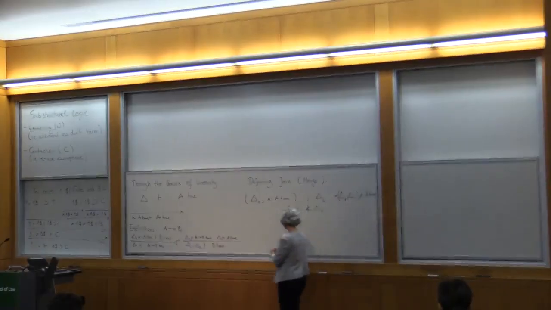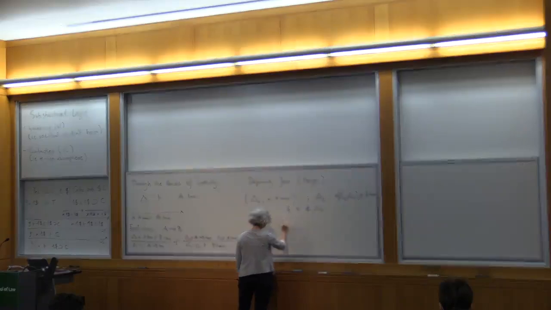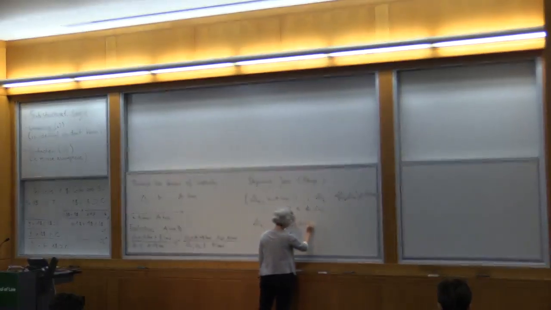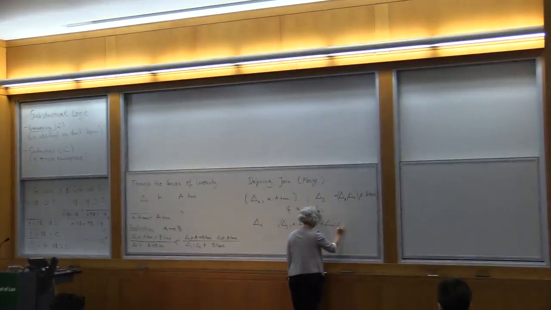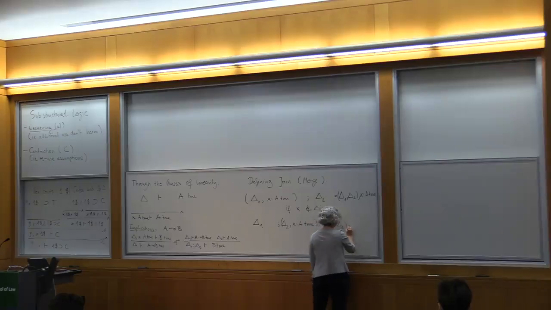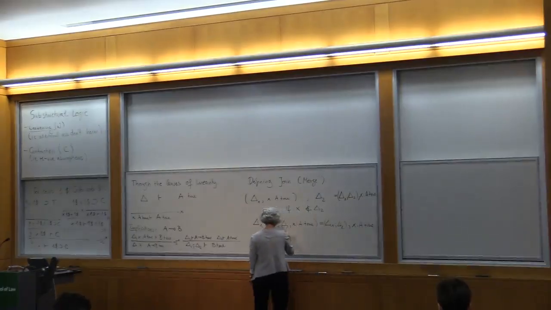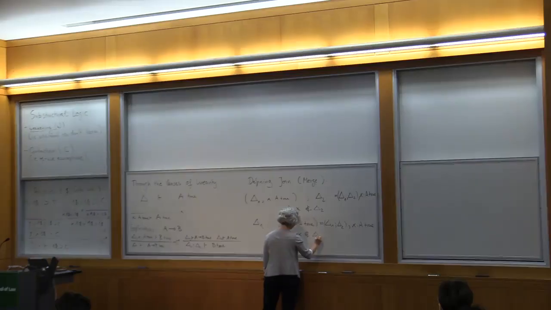And there's a dual one here that will say delta 1 joined with delta 2, x a true. We'll combine them, again if x is not in delta 1.